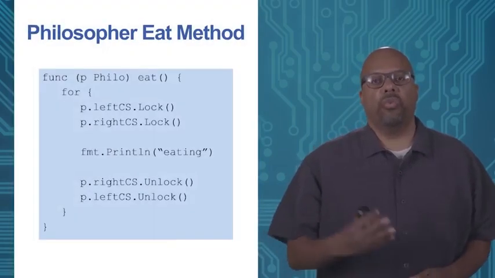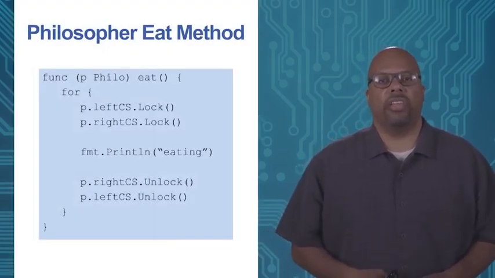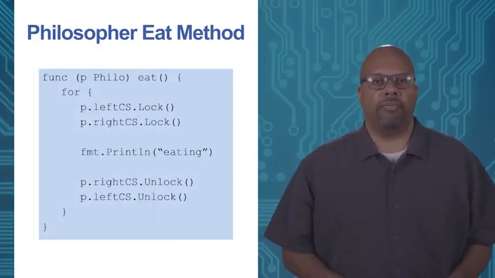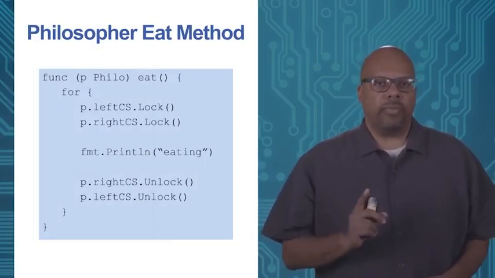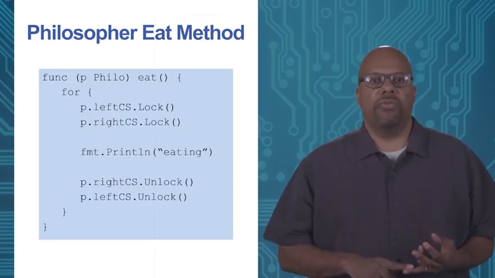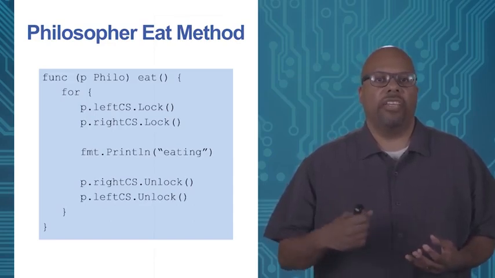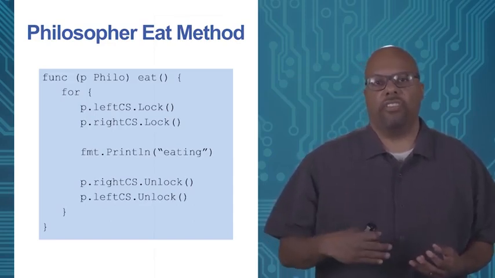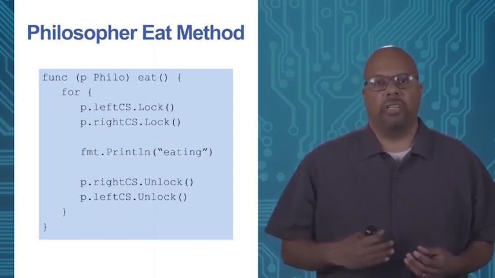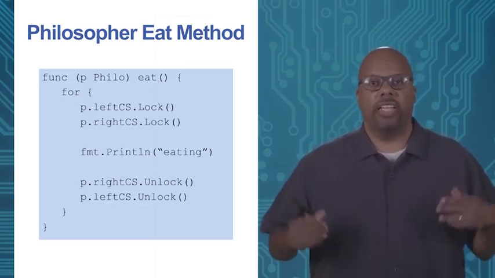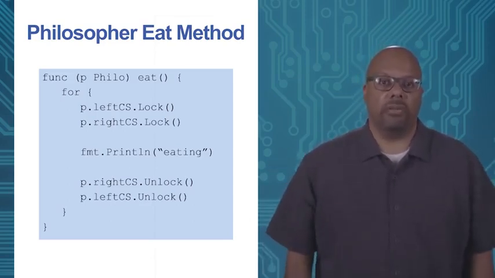Now, the philosopher is going to have associated with it a method for eating. This is what the eating method looks like. It's an infinite loop, see that for at the top. The first thing the philosopher does is lock the left chopstick, then lock the right chopstick. So then it has both chopsticks. Locking is basically picking up the chopsticks off the table.